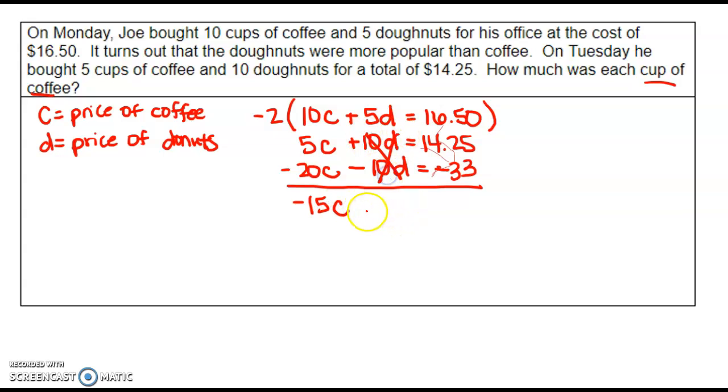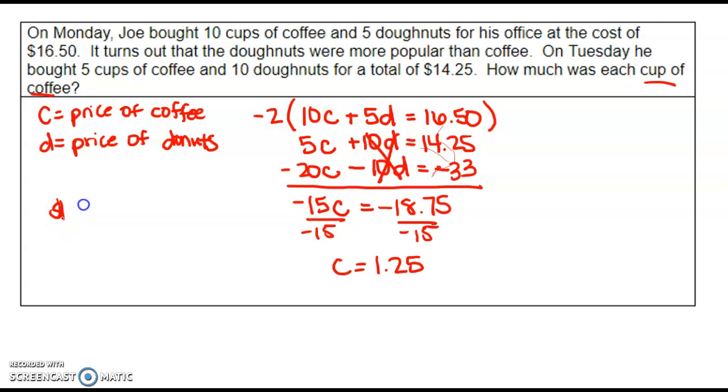The donuts cancel. 14.25 minus 33 is negative 18.75. Divide by negative 15. And a cup of coffee ends up being $1.25.